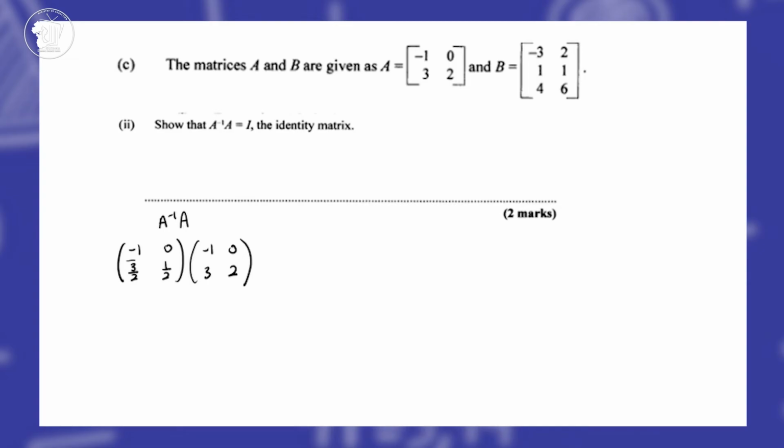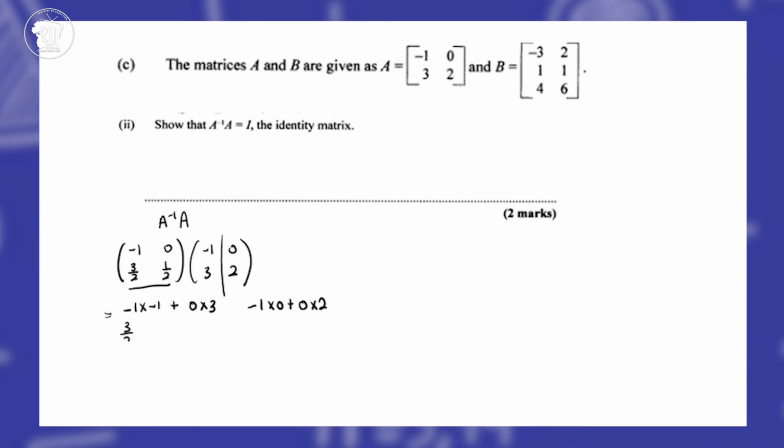So let's do some multiplication. It's row by column. It's the top row by the column. So this will be negative 1 multiplied by negative 1 plus 0 multiplied by 3. Then I move on: negative 1 multiplied by 0 plus 0 multiplied by 2. And then we move on to the bottom row. It's row by column again.